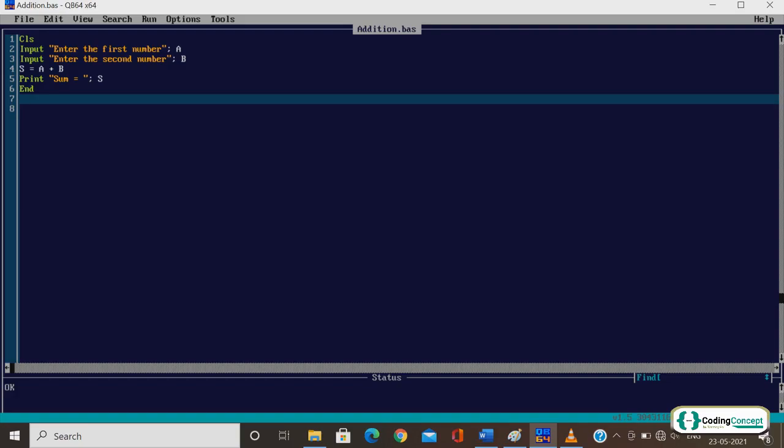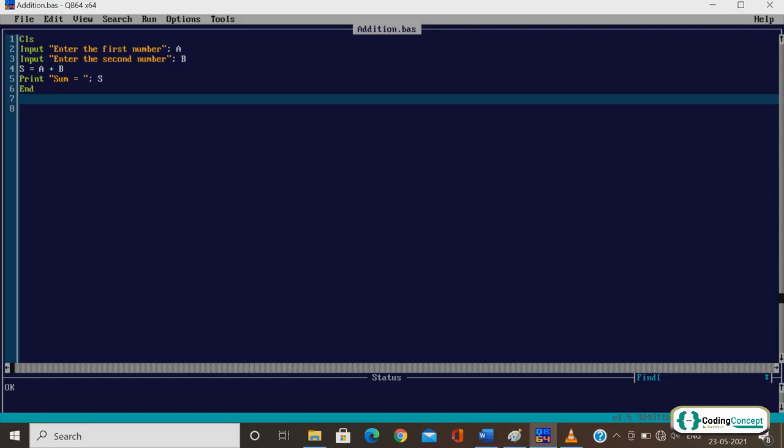This is a simple program written to find the sum of any two numbers. Here you will see how the computer accepts data from the user. This is basically a program, but actually it is a set of instructions.